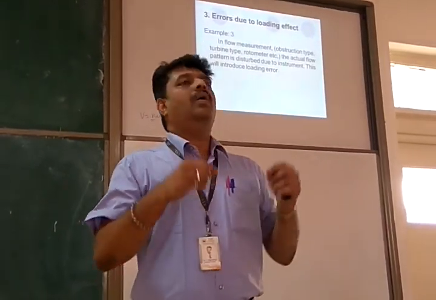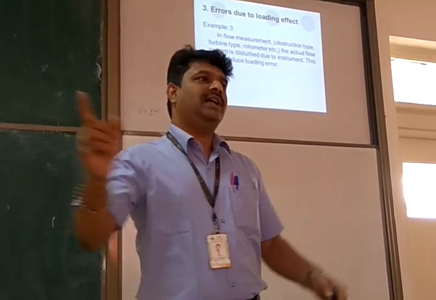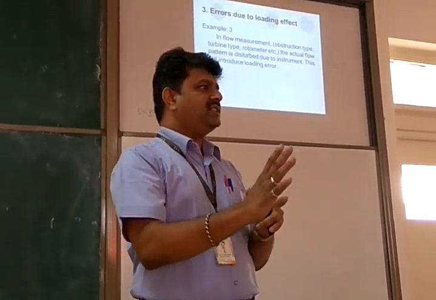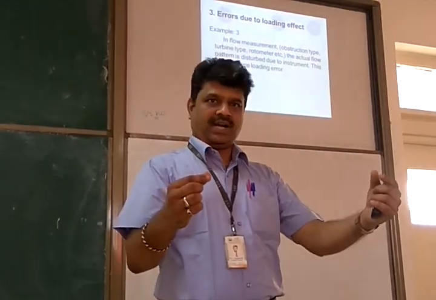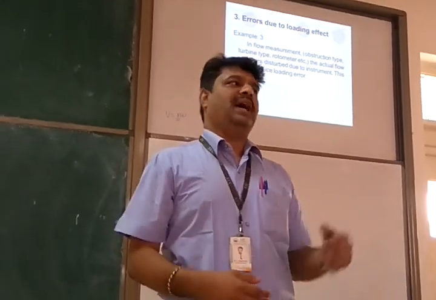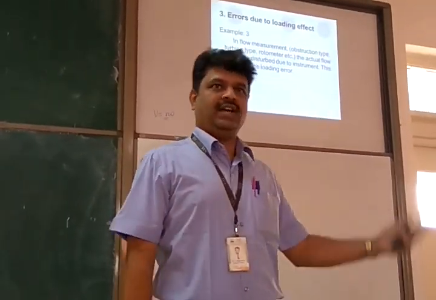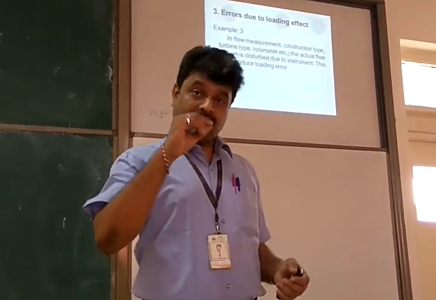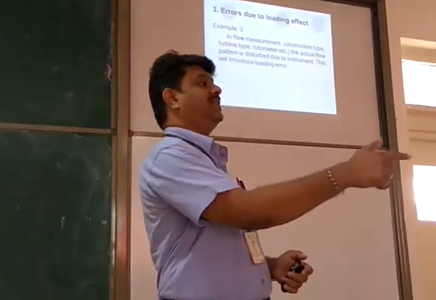I want to know the amount of fluid that is flowing. For that, what do I do? I create a pressure difference. Upstream pressure, downstream pressure I measure. Then, with the pressure difference and the other formula that I have, I find out either the velocity or Q, the discharge or volumetric flow rate. For the purpose of measurement, I am disturbing the flow.